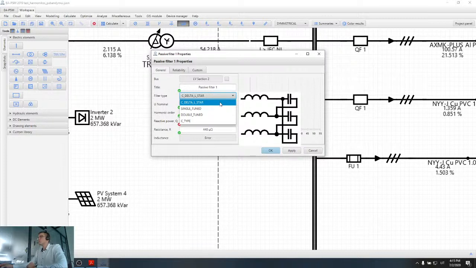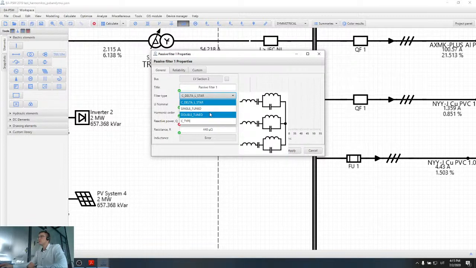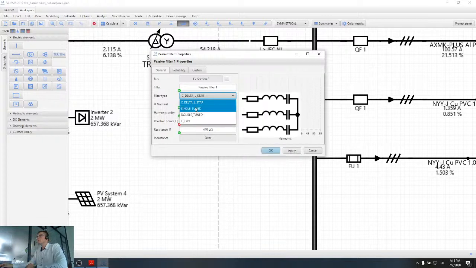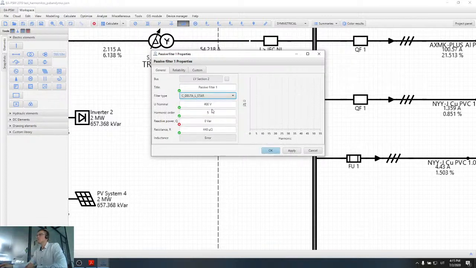It is the most commonly used filter type in industry. Then you can have double tuned filters, which can reduce the harmonics at 2 frequencies, not just 1. And you can have C-type filters, which are used to reduce higher frequency harmonics. So different filters for different applications.